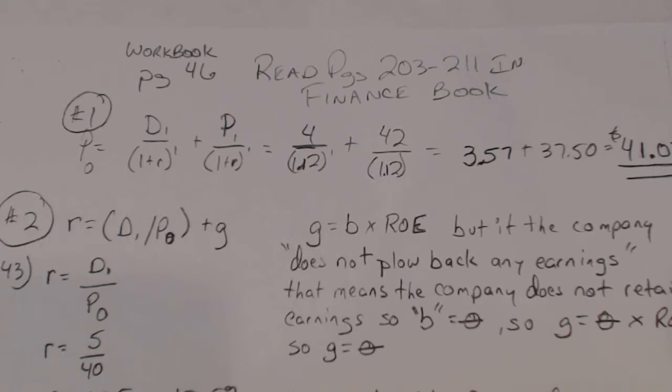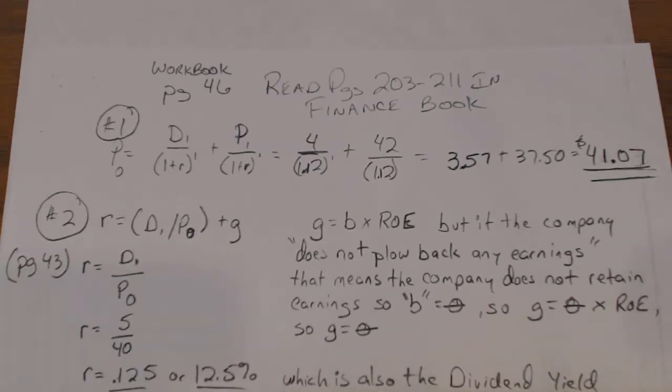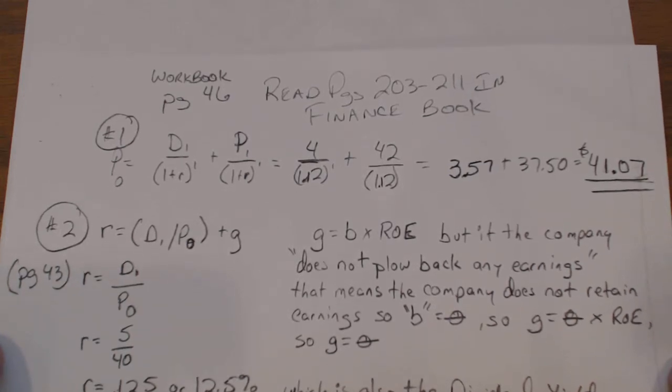That gives you the dividend yield, and G gives you the growth rate. Now they told you another way on one of the earlier pages to figure out the growth rate: G equals B, the retained earnings ratio, times ROE, which is return on equity.